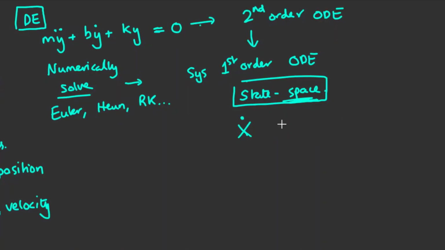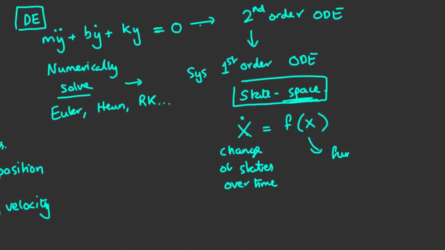In our case we just have x, so we just have our change of states over time as a function of the states. Okay, so we can represent it in state space this way. Once you have it in this way, you can then apply any of the numerical solvers, which I'll show you in a minute.